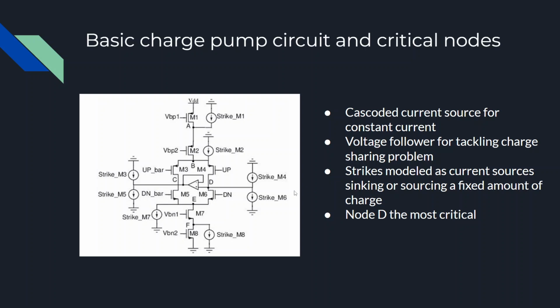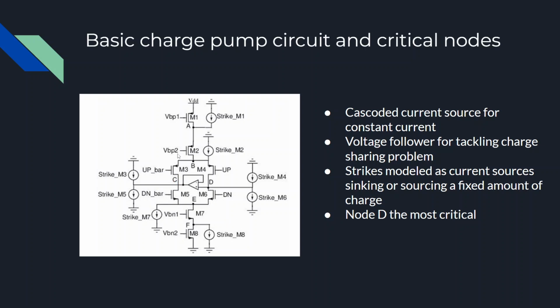In charge sharing, what happens is that when the up and down switches are off, the nodes B and E get pulled to VDD and ground respectively, and hence when we subsequently turn on the switches, the charge stored in the node capacitances at the nodes B and E get discharged into the capacitance of the weak control node, which causes some fluctuations in the node voltage, causing jitter in the output clock.